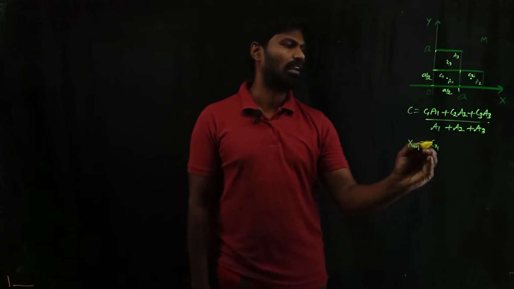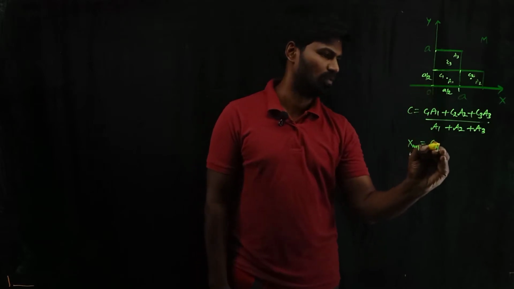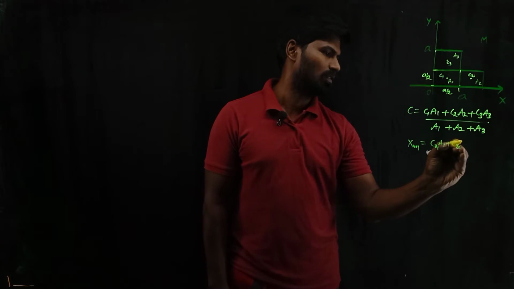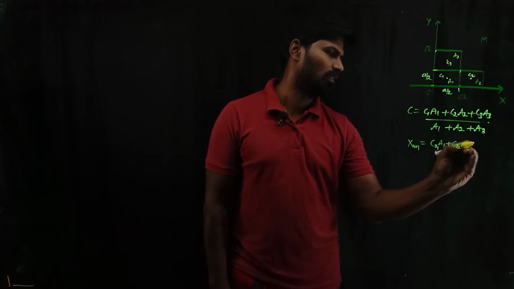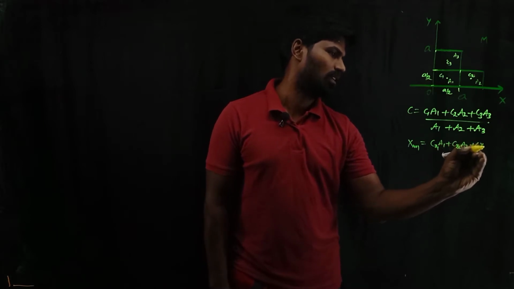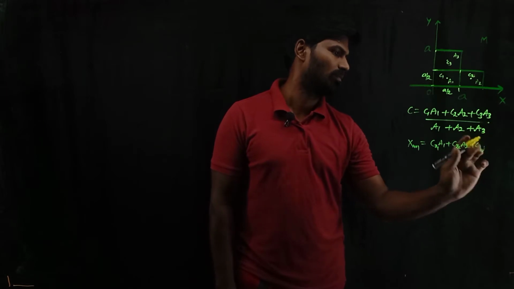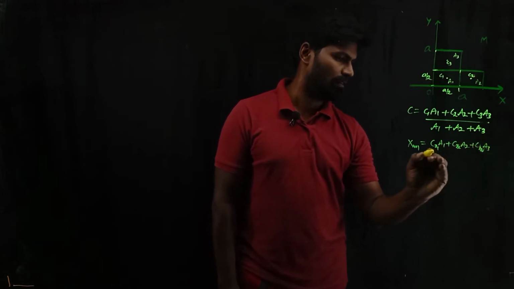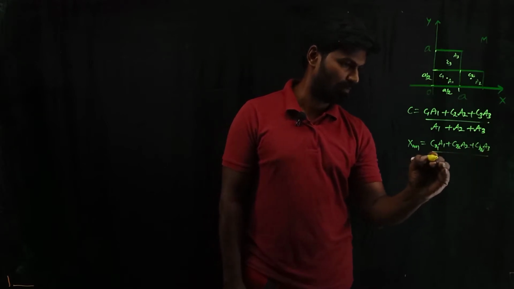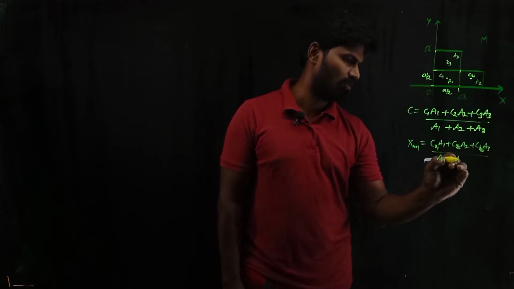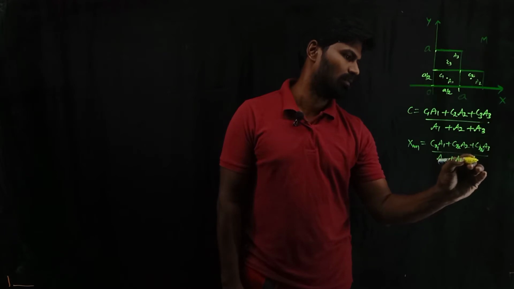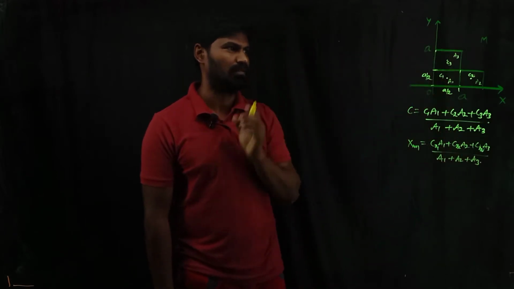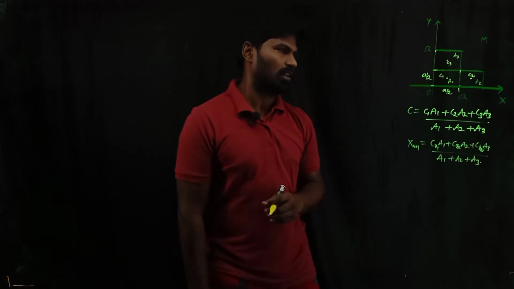That is the x coordinate of the center of mass of A1, into A1, plus Cx2 into A2, plus Cx3 into A3, divided by the total area, A1 plus A2 plus A3. So I am applying this concept over here, and let me check whether we are getting the proper answer or not.